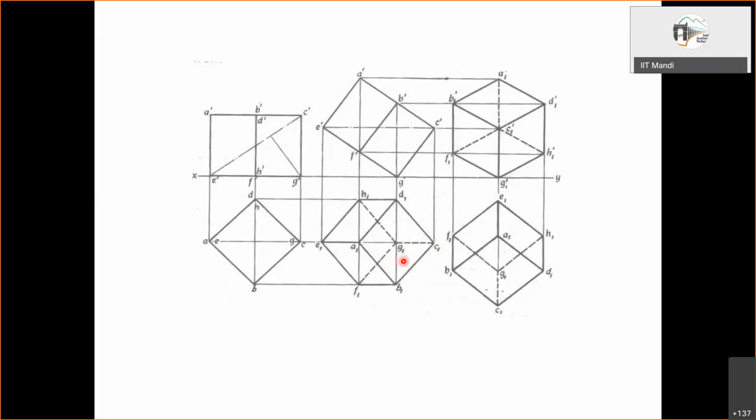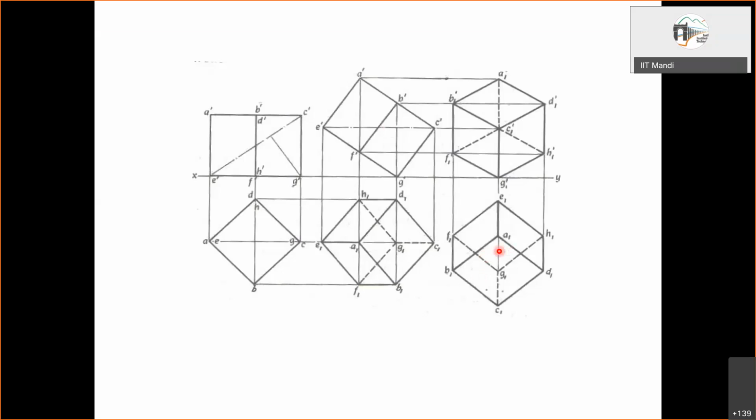In the second step, E1C1 is parallel to the horizontal plane, and it remains parallel in the third step also, but now it is perpendicular to the vertical plane. Here, EC was parallel to both the horizontal plane and the vertical plane.